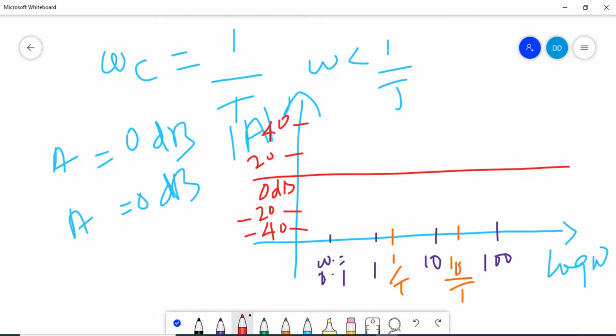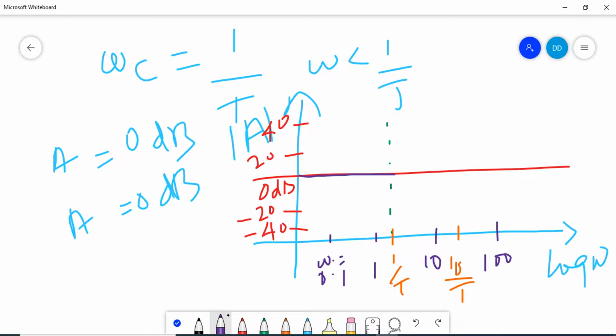Now till the corner frequency 1 by t, that is this particular point 1 by t, our Bode plot is nothing but a straight line of 0 decibels. So 0 decibels straight line till 1 by t.